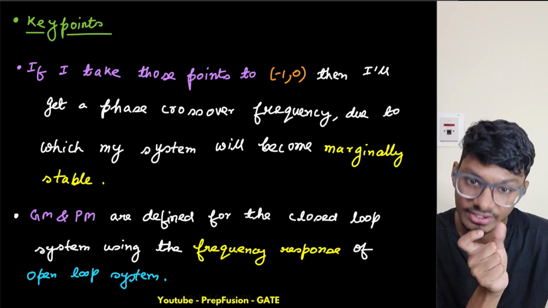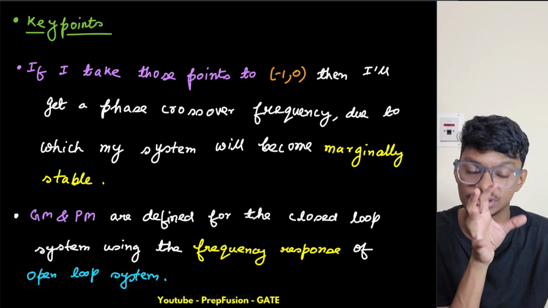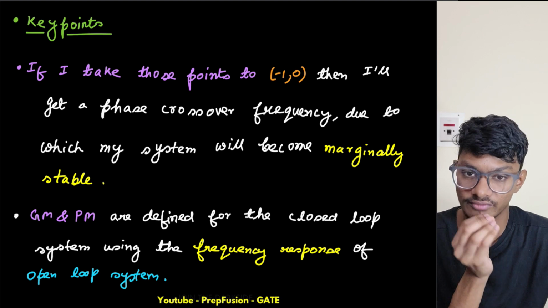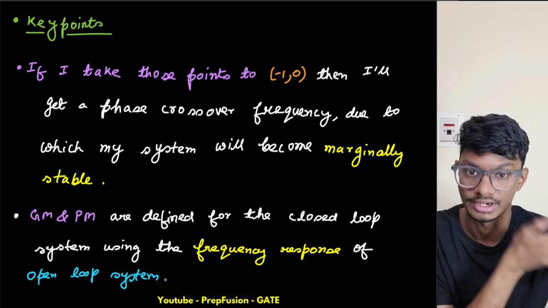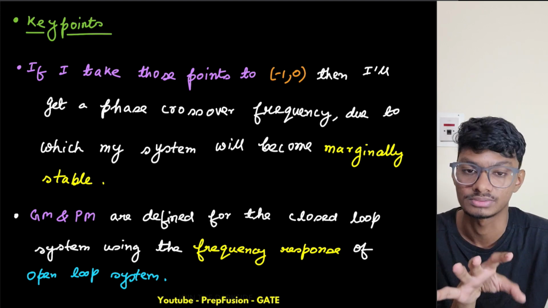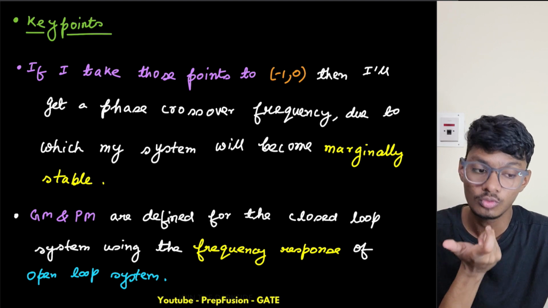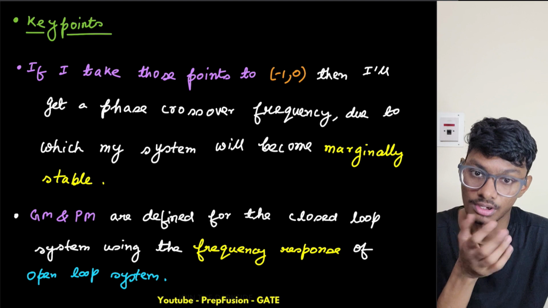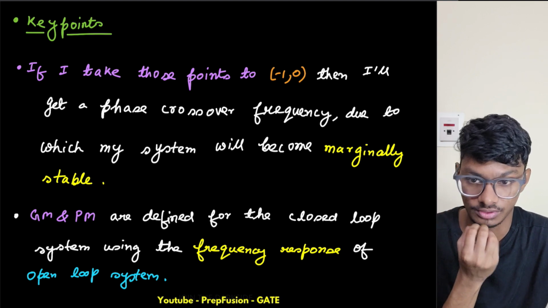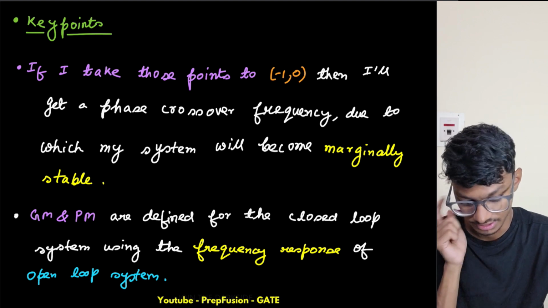Even if there is slight variation in the open loop poles, or slight variation in the gain of the OLTF, my closed loop poles will not shift to the right hand side. They will still remain on the left hand side of the s-plane. They will still be stable, as I don't have any phase crossover frequency. So I hope you got that point clear in your head.